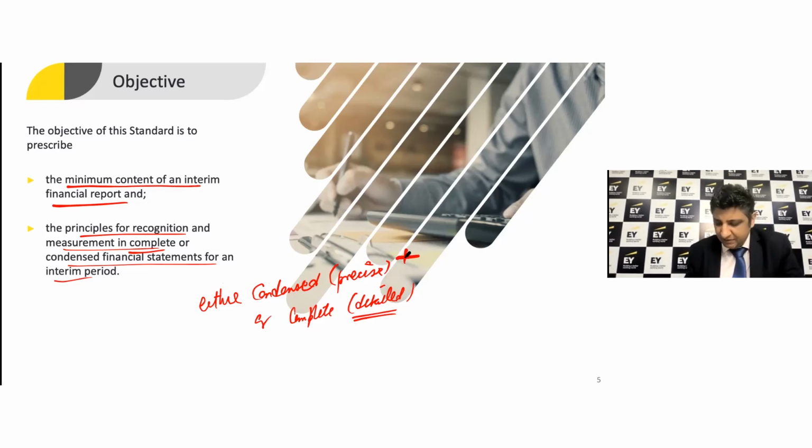Of course, any company would prefer to use a condensed information given a choice, right? So the condensed statements would again talk about the minimum content of those interim financial reports there. That's how you start looking at the relevance of this particular standard.